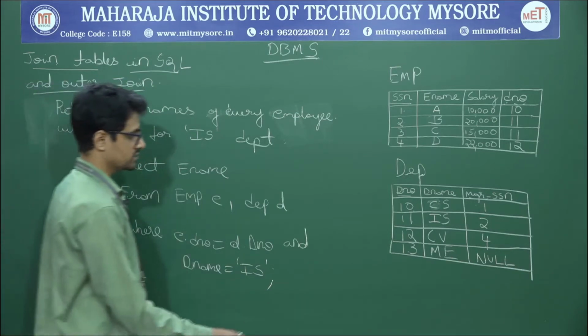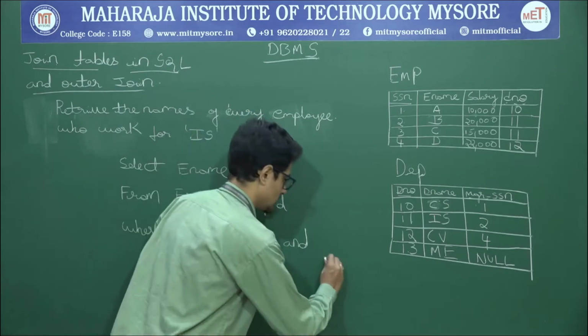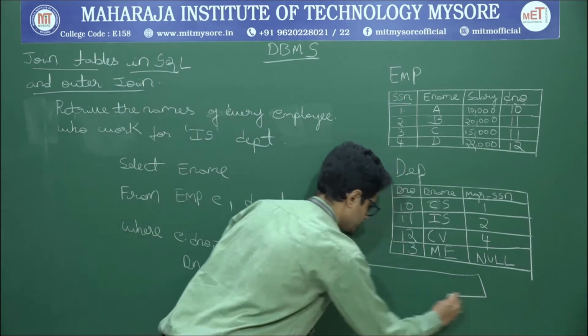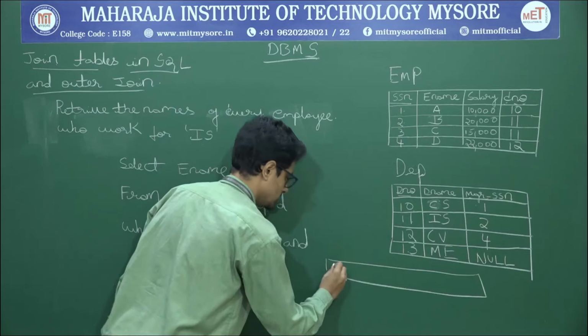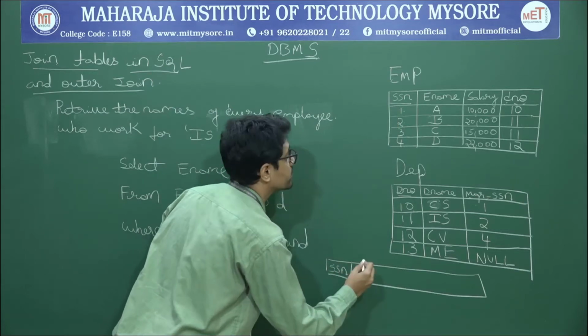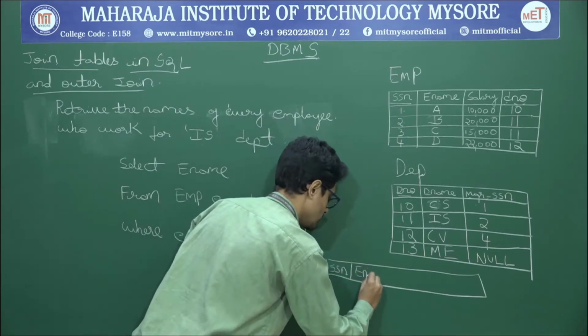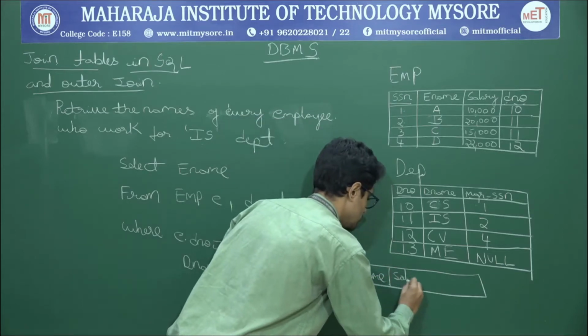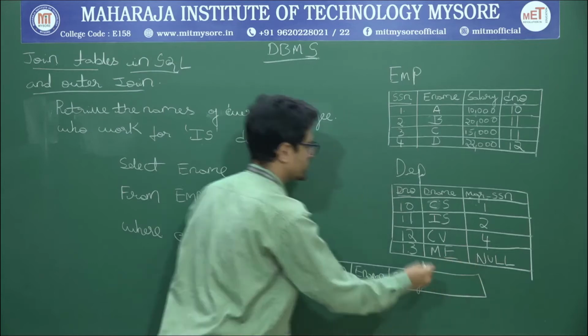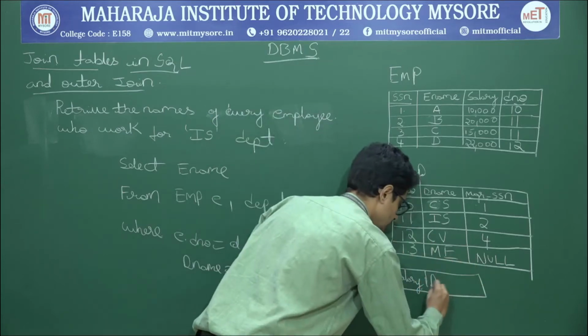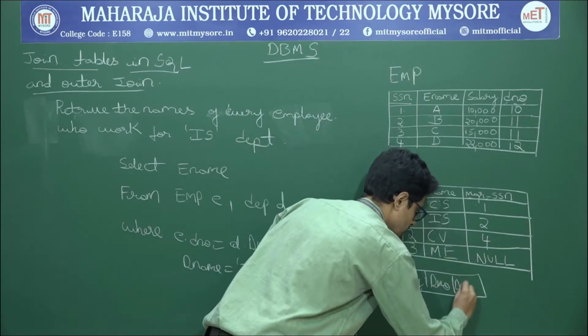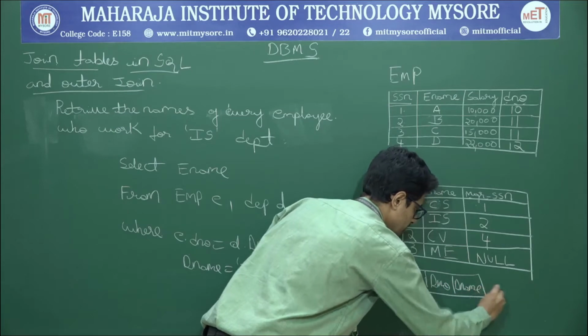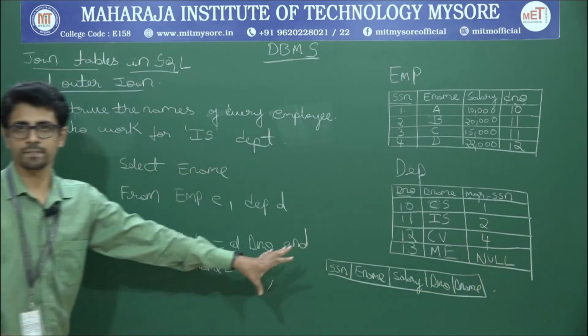Now I will have a very big table with attributes SSN, E name, salary, and so on, followed by D number, D name, so all the attributes of both tables together.